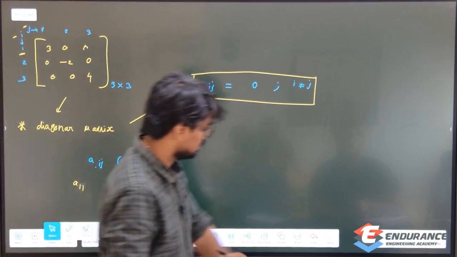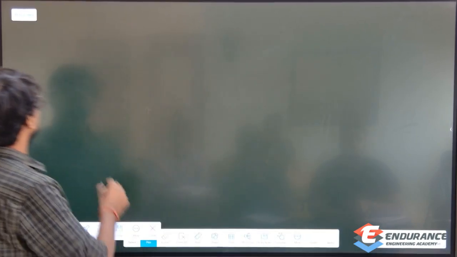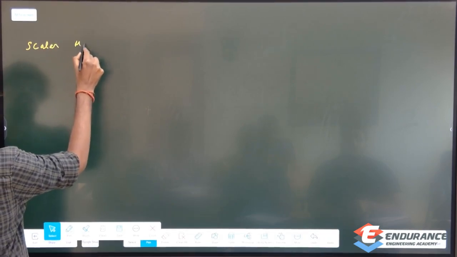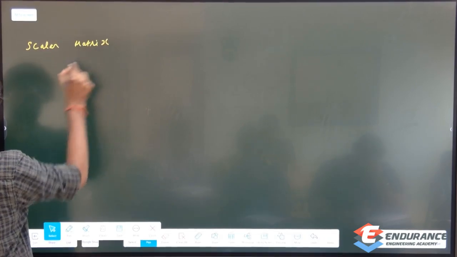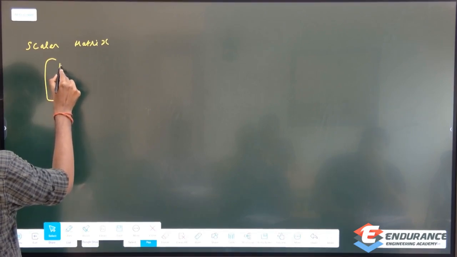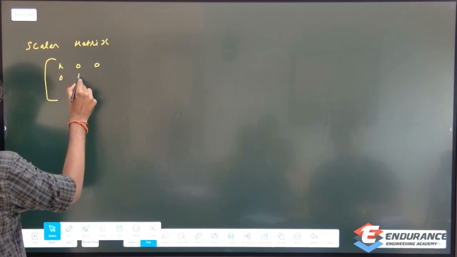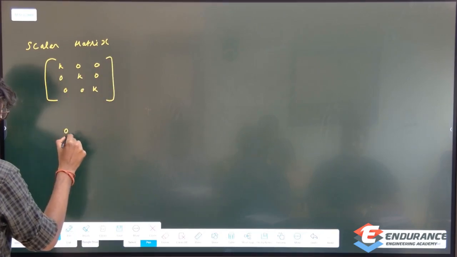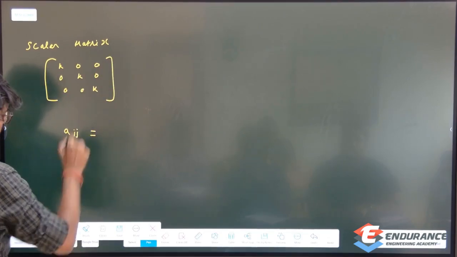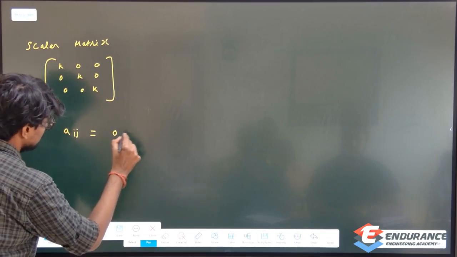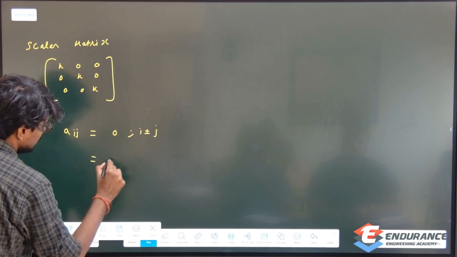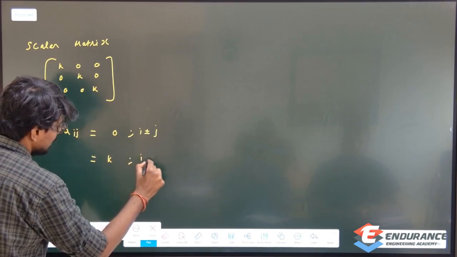What is the next one? Scalar matrix. I will take an example: k 0 0, 0 k 0, 0 0 k. Aij or Eij will be equal to 0 for i not equal to j, and equal to k for i equal to j.